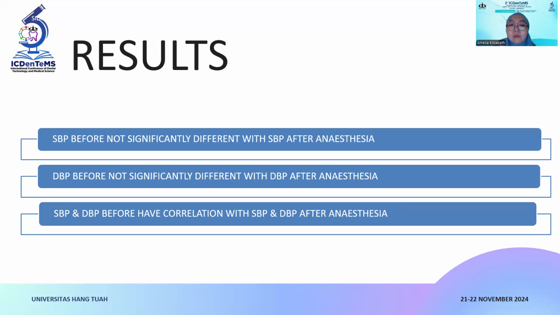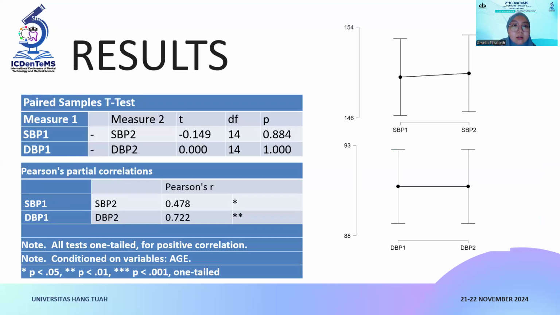We also found that systolic and diastolic blood pressure before anesthesia injection have a correlation with each other. This is our statistical method.